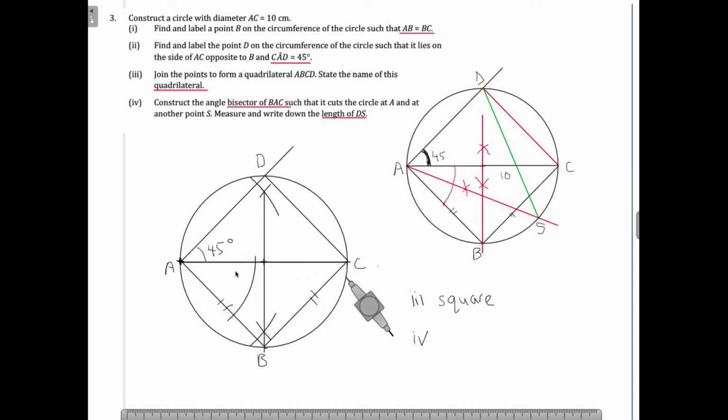And the arc will cut two points on the angle BAC.